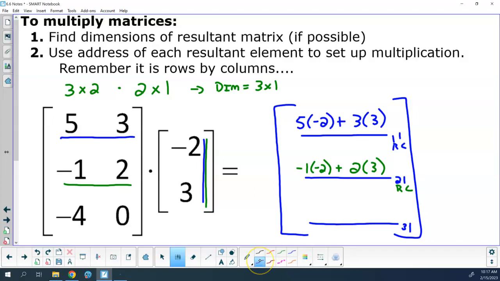Lastly, you're going to take row 3 times column 1. Row 3 is here, column 1 is there, so that's going to be negative 4 times negative 2 plus 0 times 3.